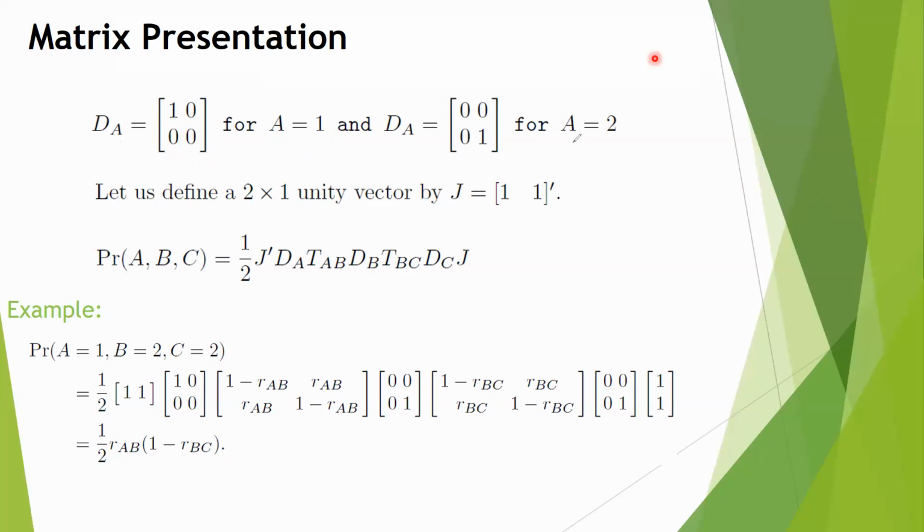And if the locus A takes the second state, the second genotype, then we put the 1 in the lower diagonal element of this 2x2 matrix.